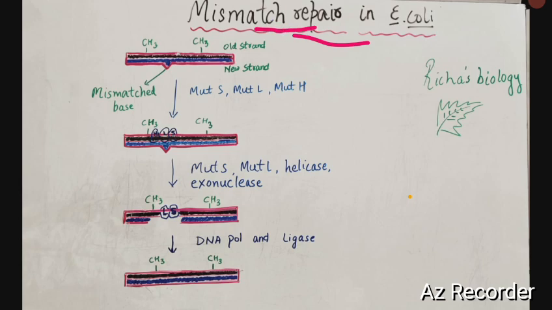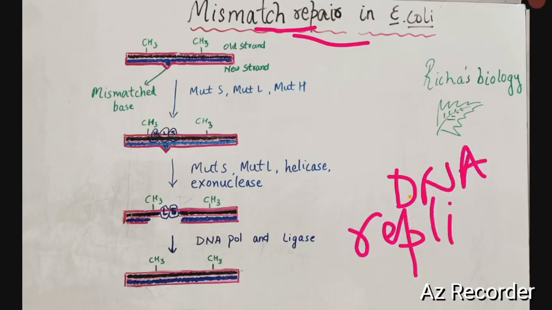DNA mismatch repair is a system for recognizing and repairing the wrong insertion, deletion, or misincorporation of bases that can arise during DNA replication and recombination, as well as repairing some forms of DNA damage.